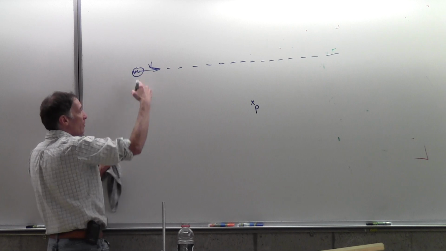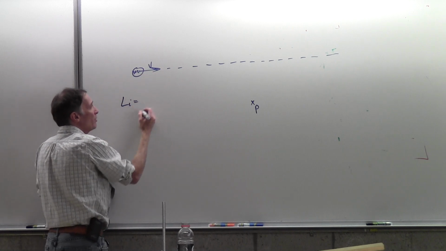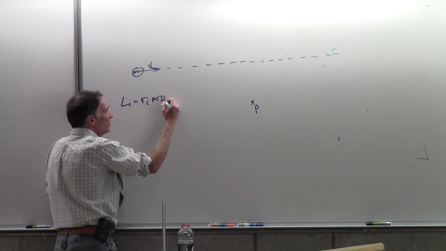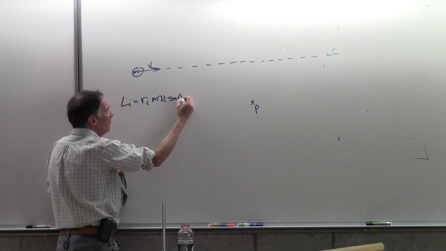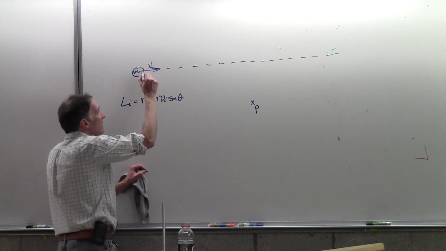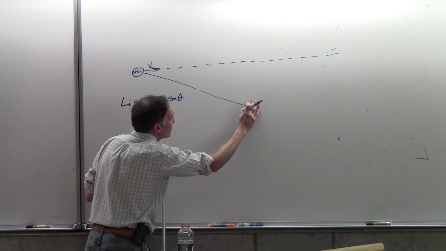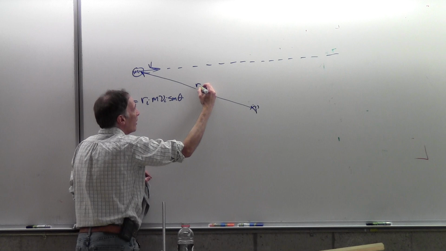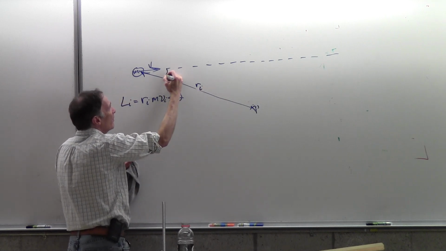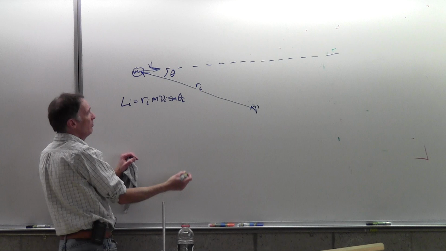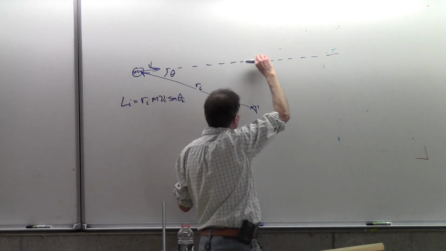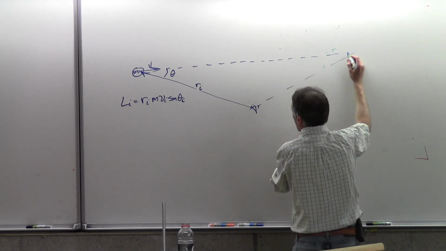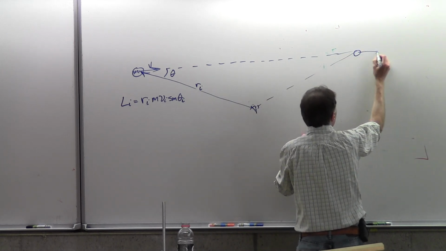Let's say we're back over here. The initial angular momentum is going to be the initial R times M V initial times the sine of the angle between them. So the initial R would be out to here. This would be R initial, and there would be some theta, maybe I should call that theta initial, because as this thing goes through space, R is going to be changing as well as theta.